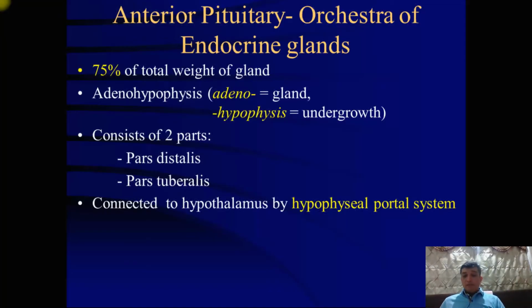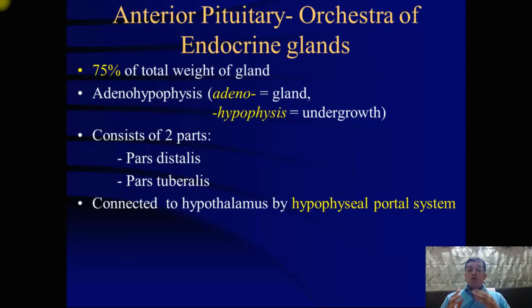But in a portal system, before this vein empties its blood into the systemic circulation, it creates one more plexus network of capillaries. So there are two plexuses of capillaries, and that is what makes it a portal system.